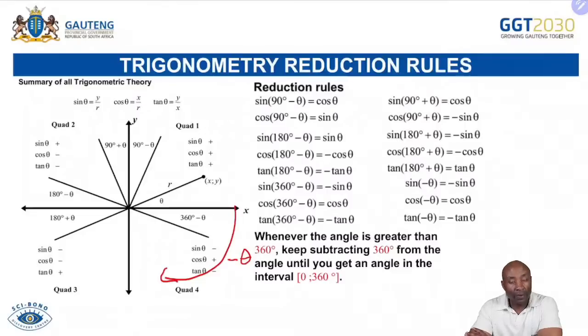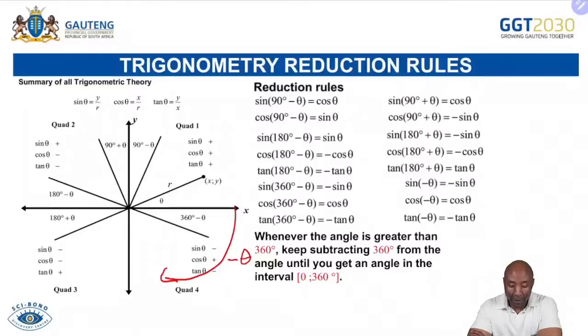And whenever we have an angle which is greater than 360 degrees, we keep subtracting 360 from the angle until we get an angle in the interval 0 to 360 degrees.